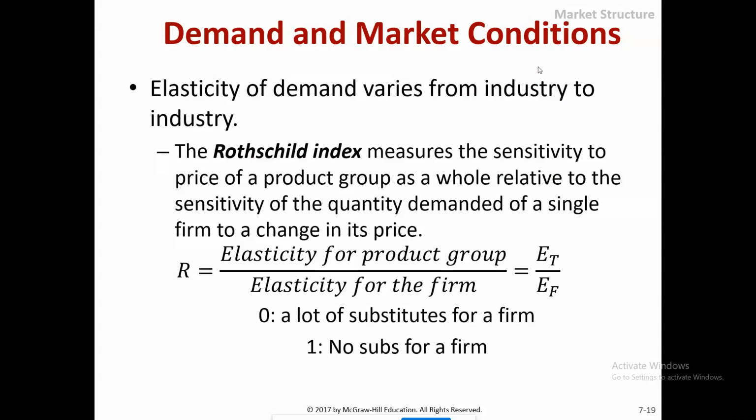There are a lot of substitutes. The Rothschild index is close to zero. On the other hand, if the absolute value of the denominator is very small, consumers are not or cannot be responsive to the price change of one firm's product. There barely is any substitute for the firm's product.